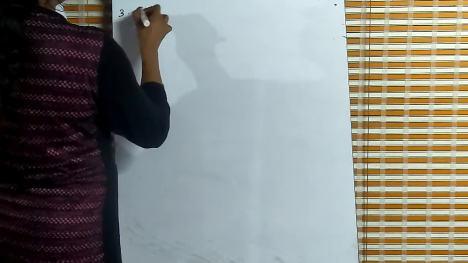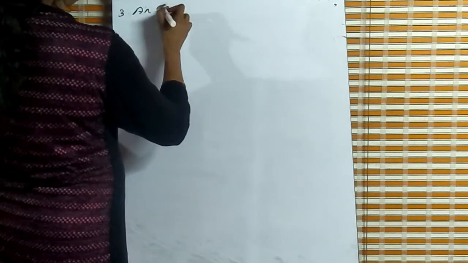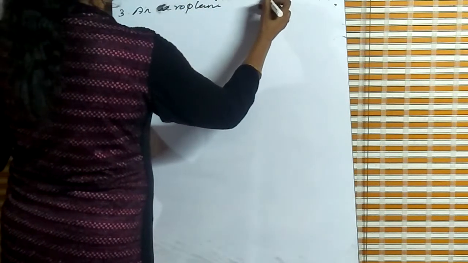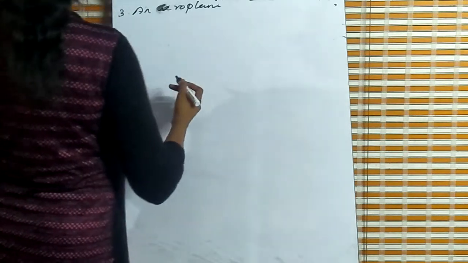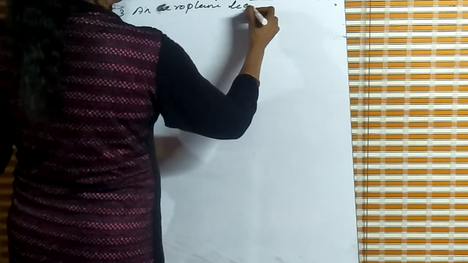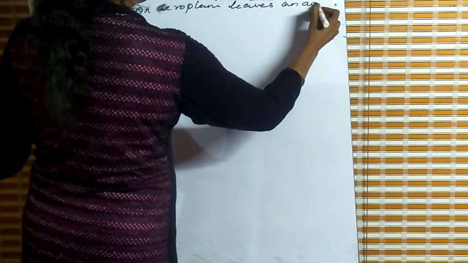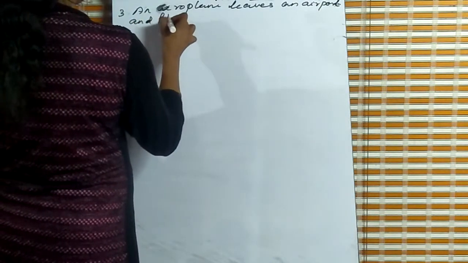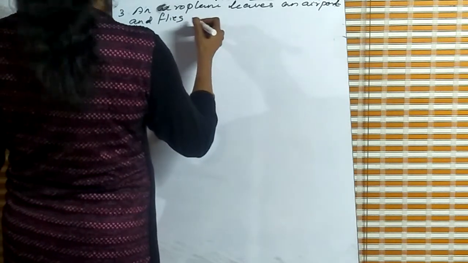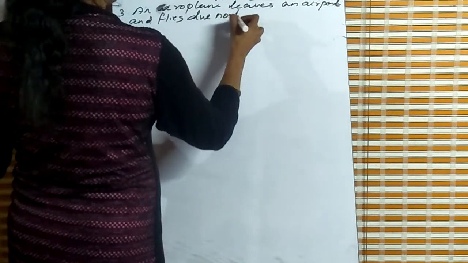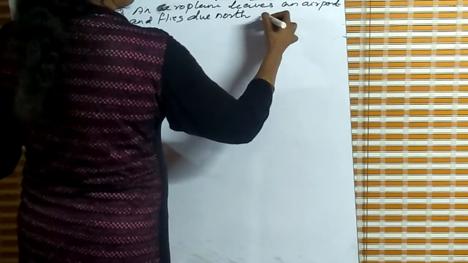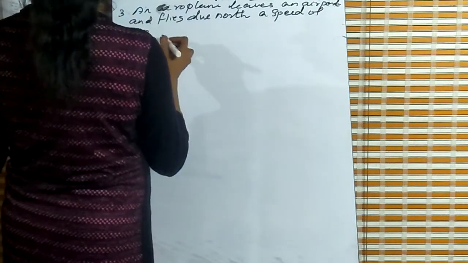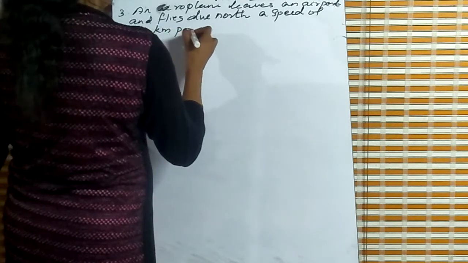Then third question. An aeroplane leaves an airport and flies due north at a speed of 1000 kilometer per hour.